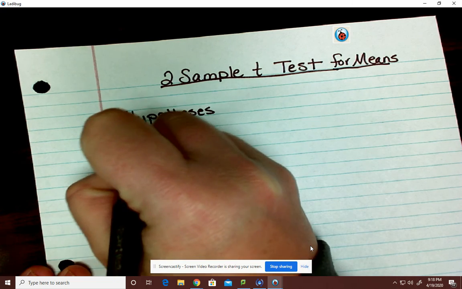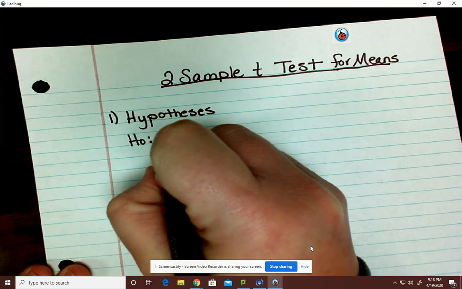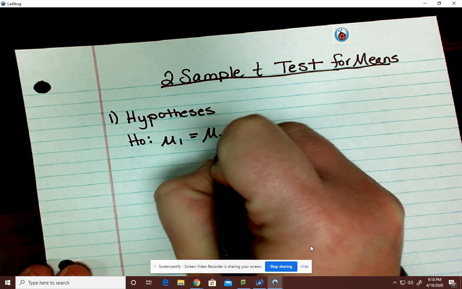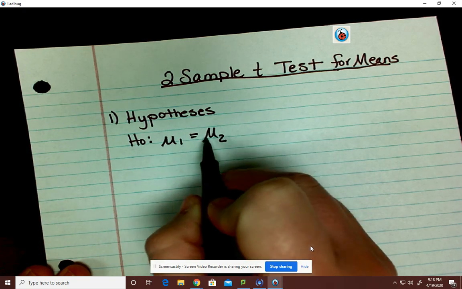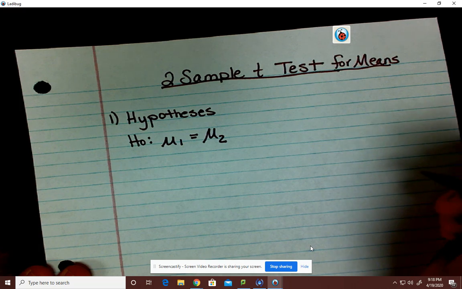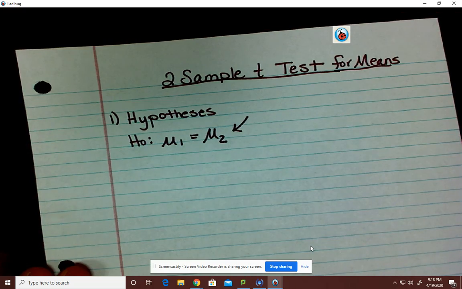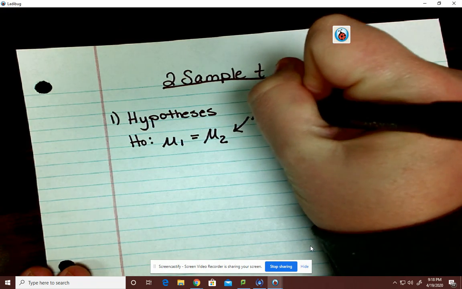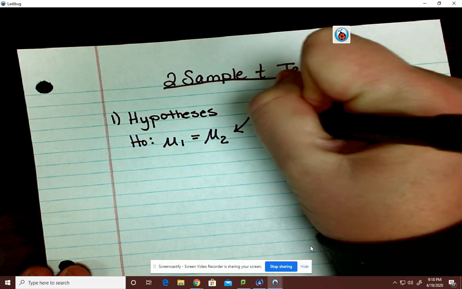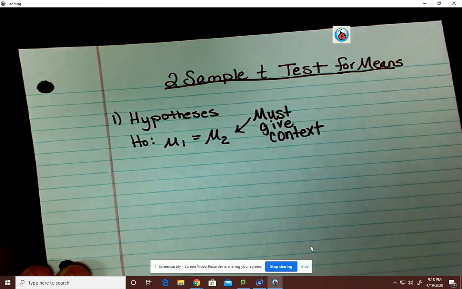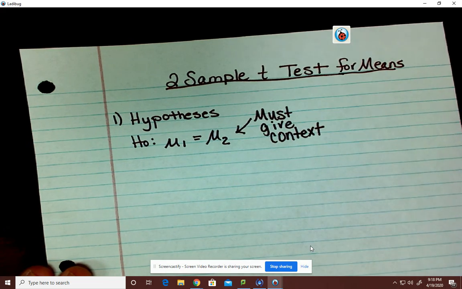With the null, you're saying that mean 1 is equal to mean 2. Remember, that's the mu. It looks like an M, it looks like a U. Now, here's the thing. Some of us didn't do this when we did two proportion: you must give context. So you've got to say mu1 equals this, mu2 equals this.